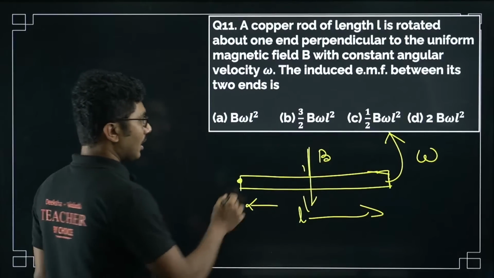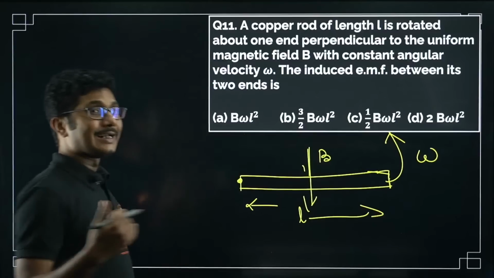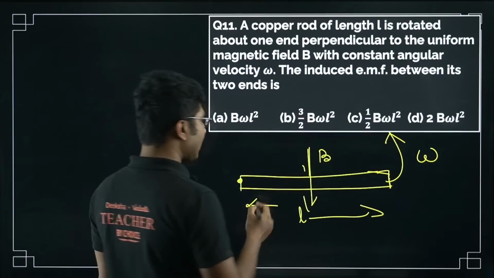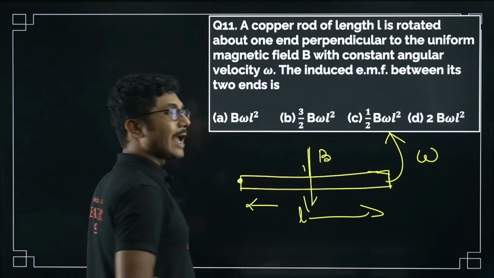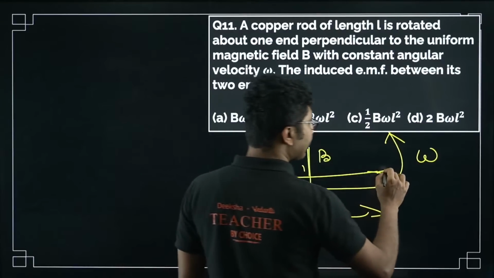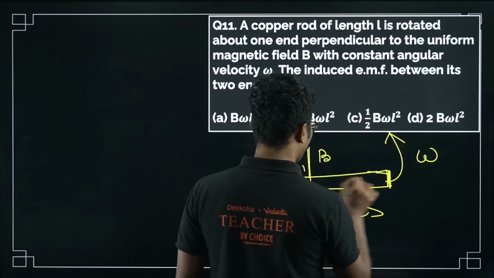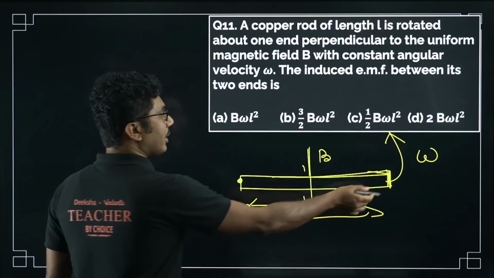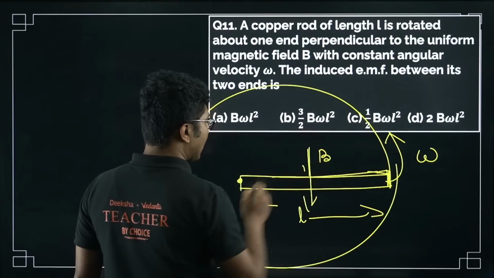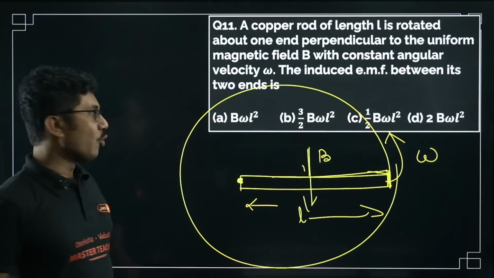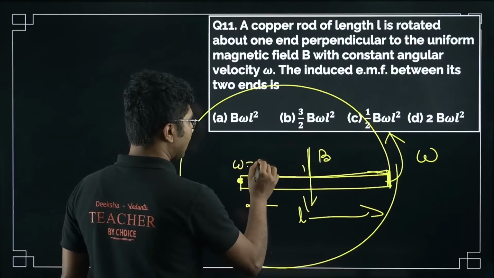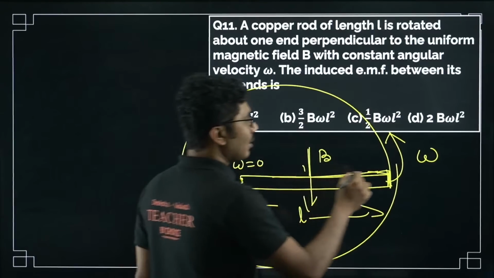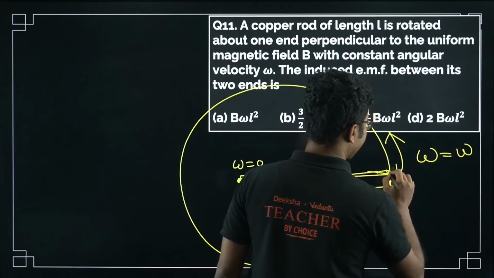Now why is this a difficult problem? The problem is difficult because the speed is generally given at the edge, at the end of the rod. This point, along which it is rotating, is static, so the speed is 0 here, and the speed corresponds to omega at the edge.